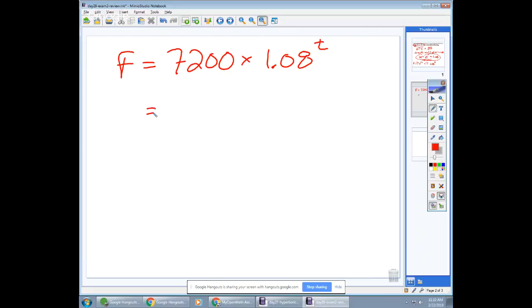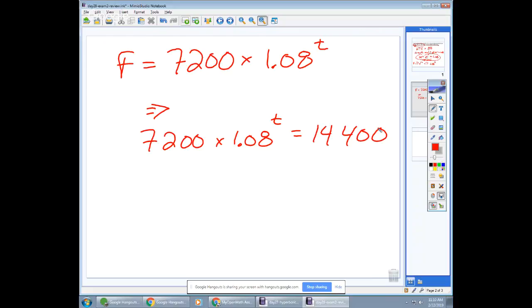If I want to figure out at what time it doubles, I have to find the amount of the double. If I started at 72,000, double that would be 144,000. So that gives me 72,000 times 1.08 to the T equals 144,000, right? You agree that's double what I started with?